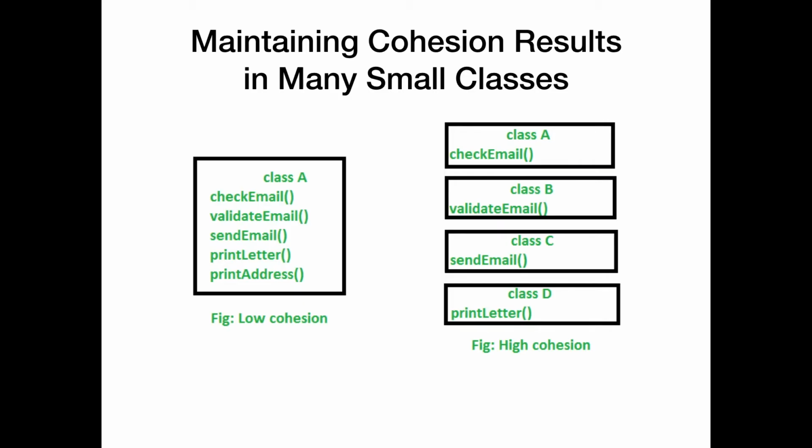And if you start to follow this cohesion principle, you will probably find out that it results in many small classes instead of one big one. For example, let's say you have a big function and you want to split it into smaller ones. Then you realize that in order to split it into two functions, you need to give these variables as arguments to another one.